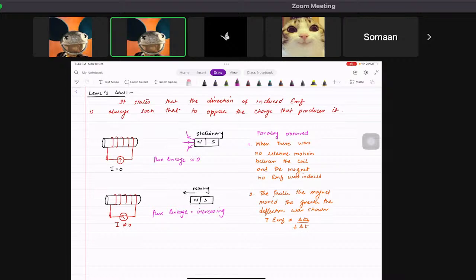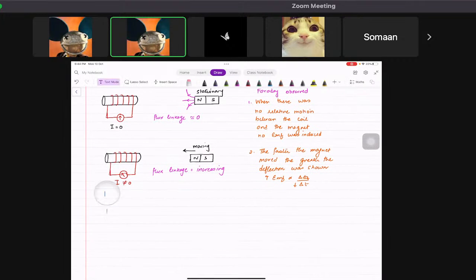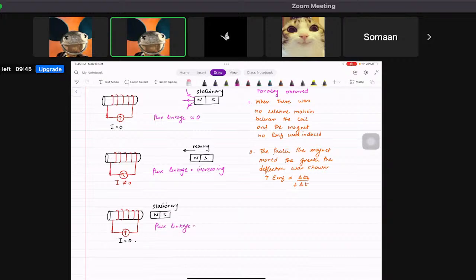Then he thought, okay, maybe what if I put the magnet right beside the coil itself, and then when it became stationary, he basically observed that again the deflection was 0, although the flux linkage was maximum.